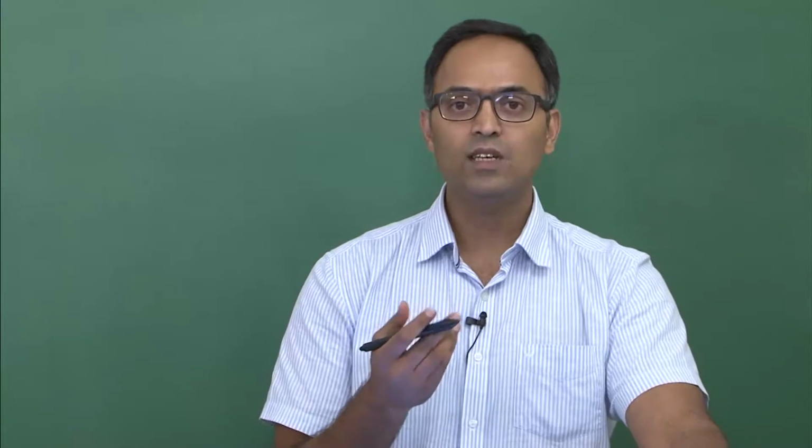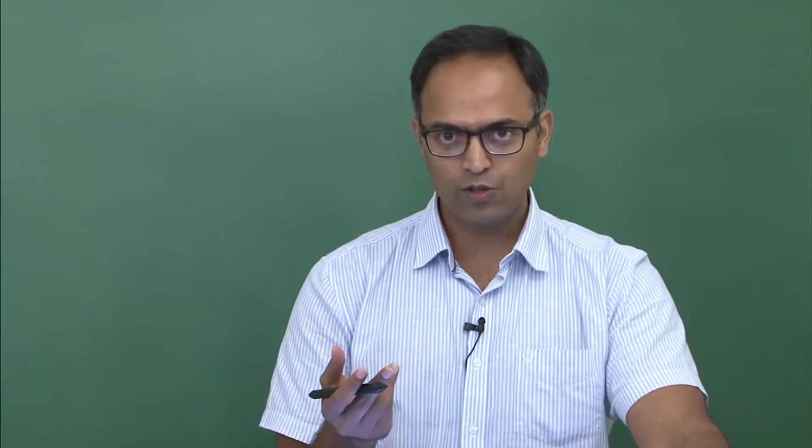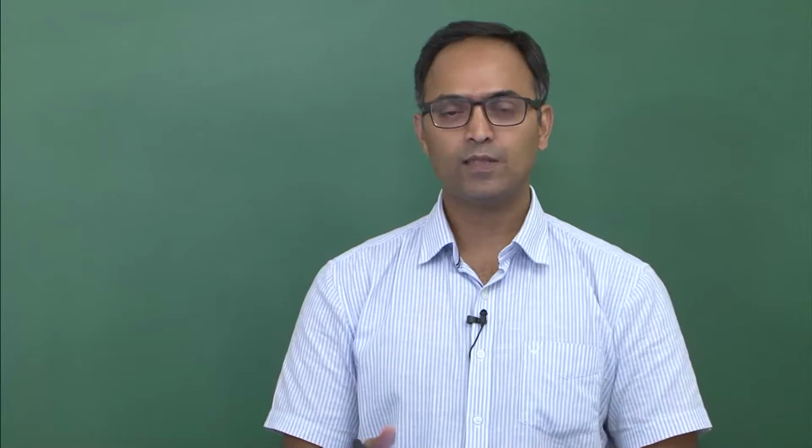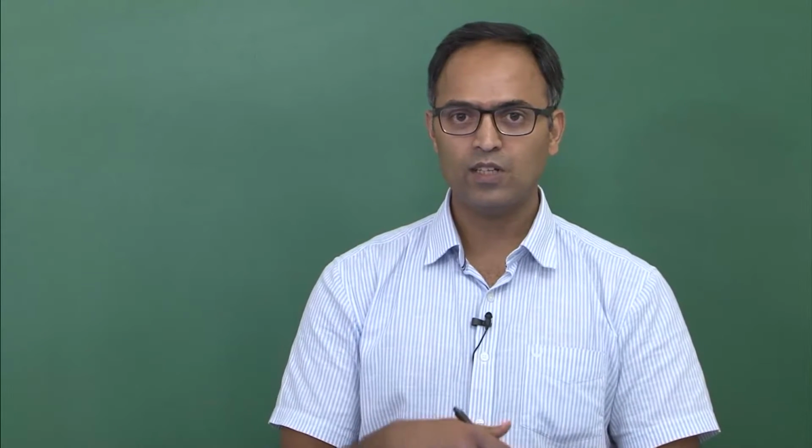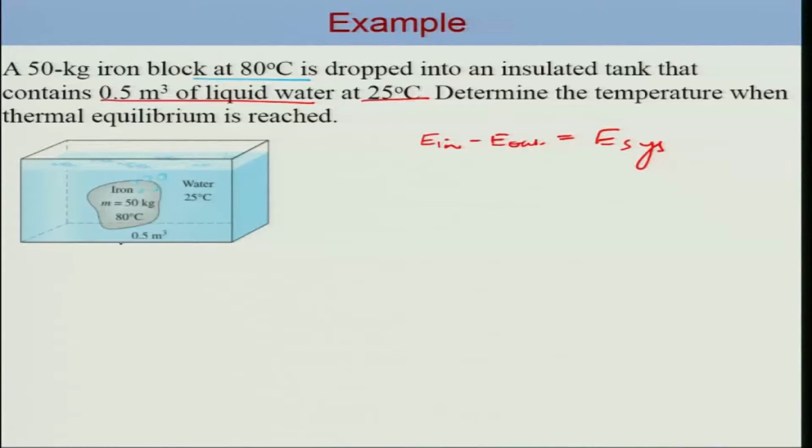Thus E in is 0 and E out is 0, because the system is not getting any energy from the surrounding, nor transferring any energy to the surrounding. What remains is delta U, ignoring other terms. So delta U is 0, which means the internal energy of the system should remain constant.